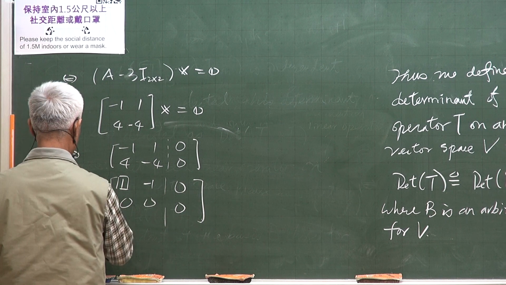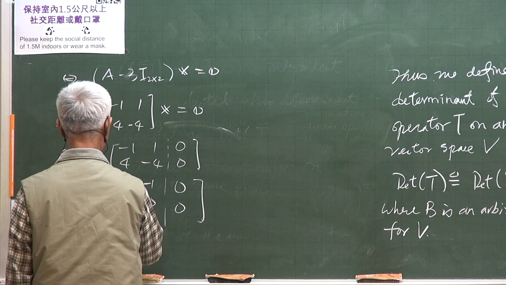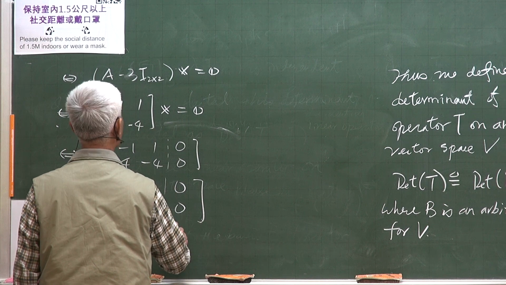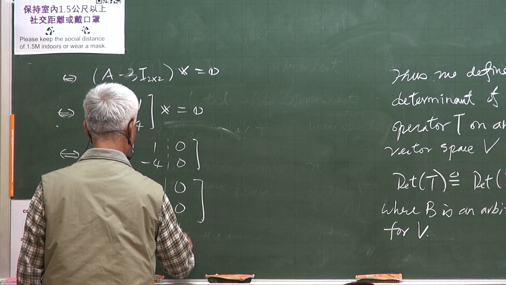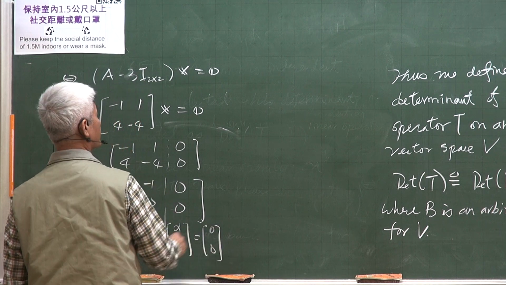And this implies that we have 1 minus 1, 0 0, with alpha beta equal to 0 0.